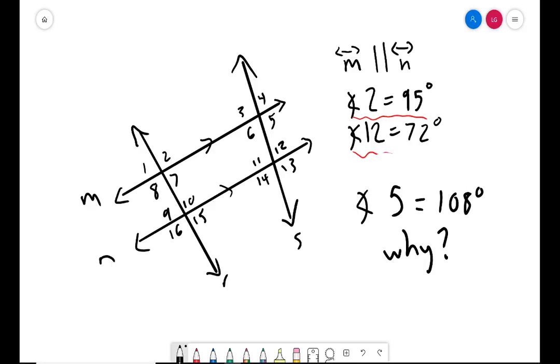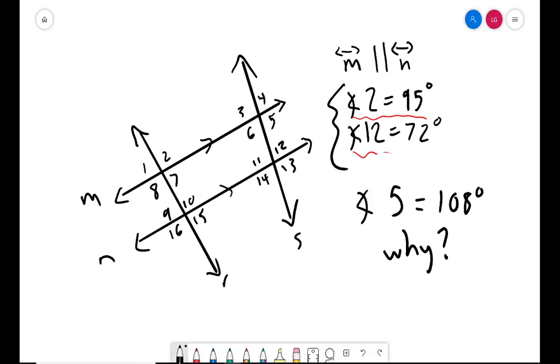So that is the relationship here between angle 12 and angle 5. We're not that interested in the relationship between angle 2 and angle 5. I'm referring again to the two that we know and trying to lead us to finding another angle measure. Angle 5 and angle 12 are going to be more related because M and N are parallel. R and S are not, so angle 5 and angle 2 aren't obviously related.